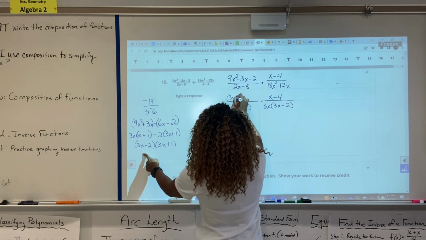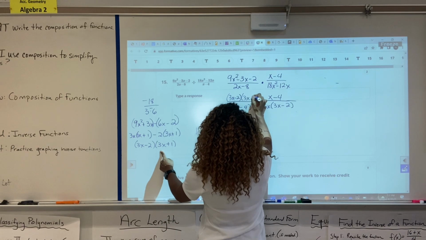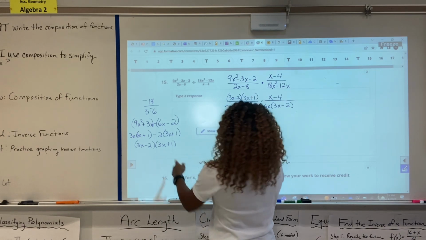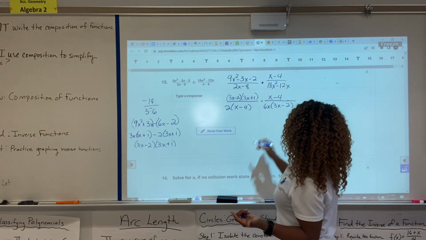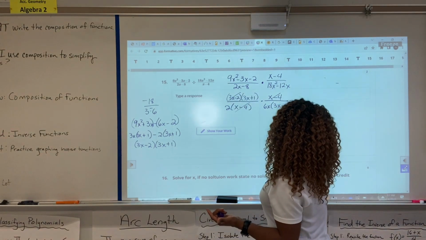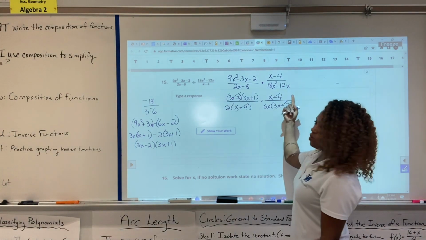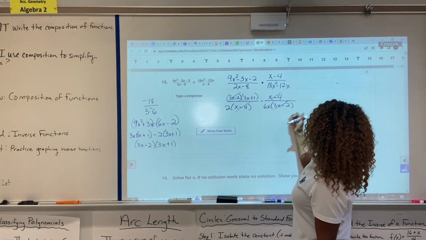3x minus 2 times 3x plus 1. And that's helpful because now we can cancel some things out, this and that. Now it's much easier to multiply the numerators and the denominators.